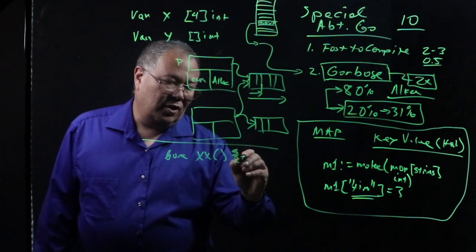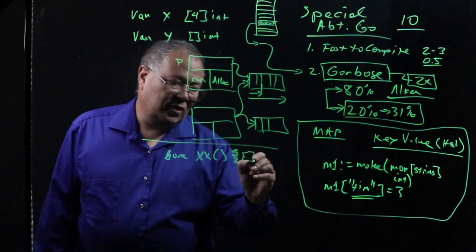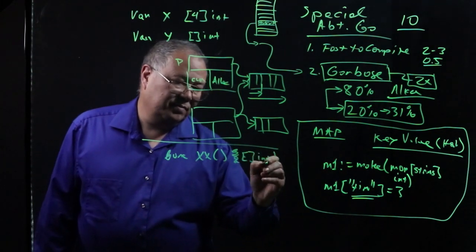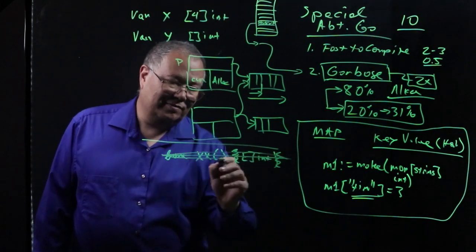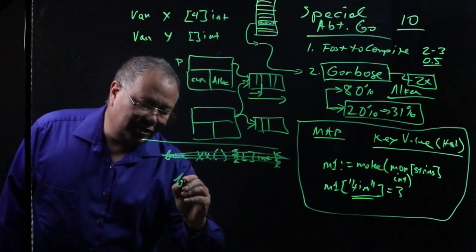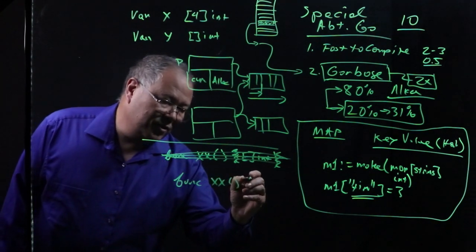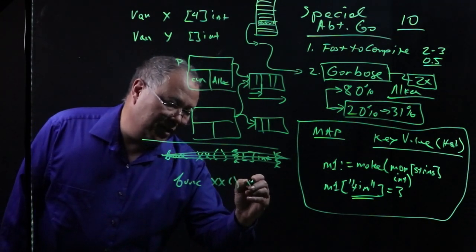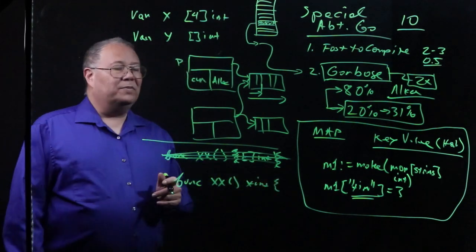We'll do returns an int, a slice of int, something like that. Let's just rewrite that line. I can have a function, xx, that returns a pointer to an int. Let's do it that way.